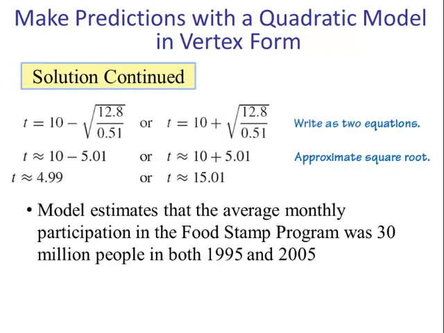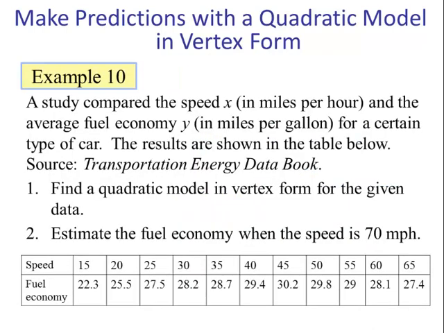This means the model estimates that the average monthly participation in the food stamp program was 30 million people for both the year 1995, and that's 5 years more than 1990, and in the year 2005, and that's 15 years since 1990.